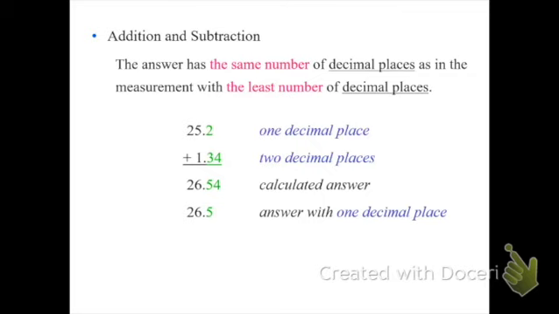The second one has 2. So therefore the answer should have just 1. And we're still going to follow the same rule for rounding, whether it drops or it rounds up. So when we do the calculation in our calculator, we would get 26.54. But we know that we can't report more than one.